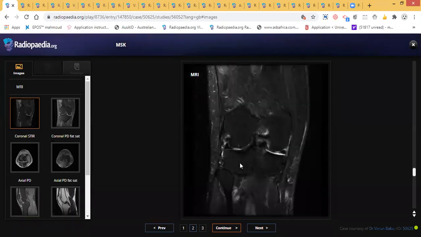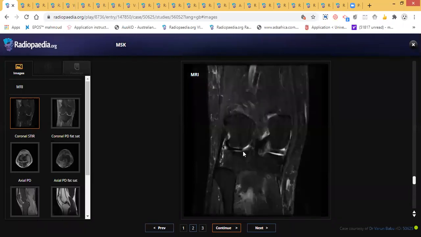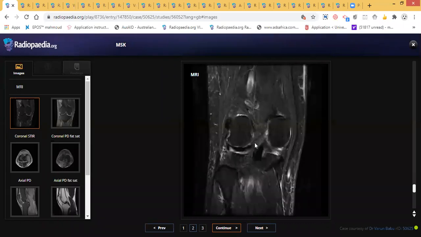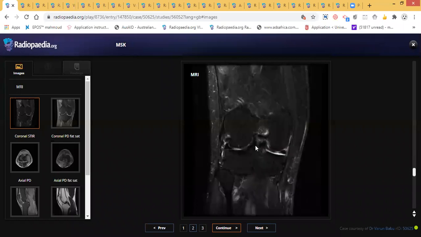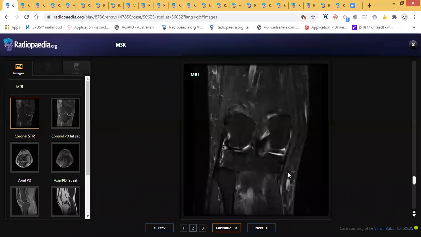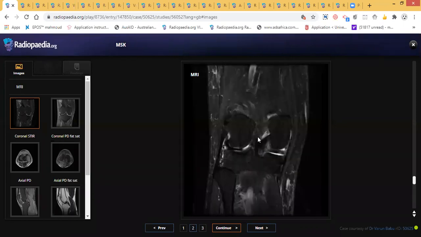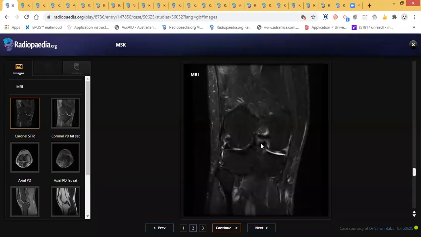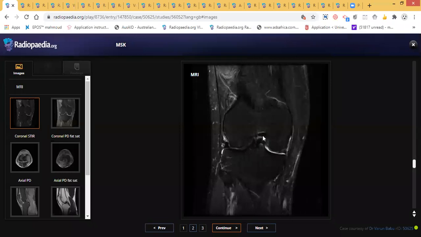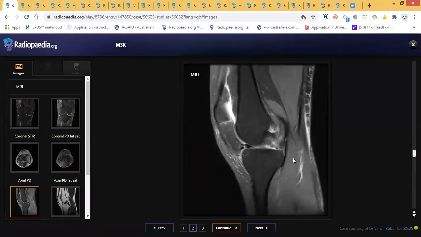You shouldn't wait, because you can see clearly that the meniscus here is incomplete, and you can see that the fragment is going inside. In the intercondylar notch, you can see there are fragments inside here, beside the posterior cruciate ligament. When you find this, it should represent a bucket handle.